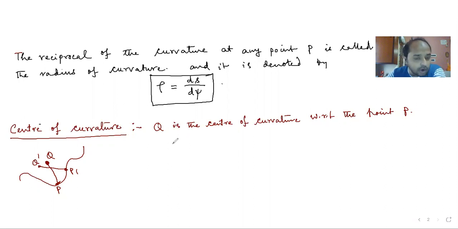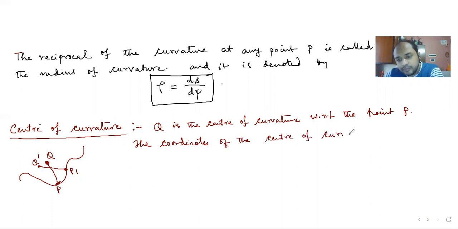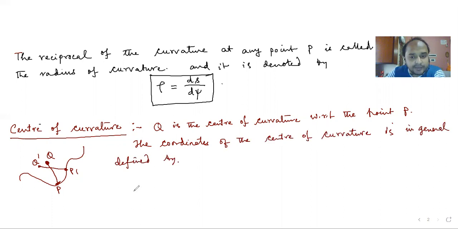The coordinates of the center of curvature are in general defined by a formula. So let me write the formula.